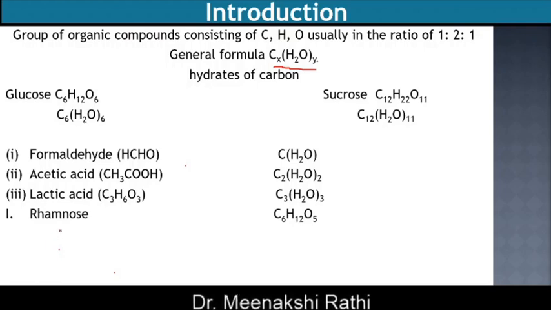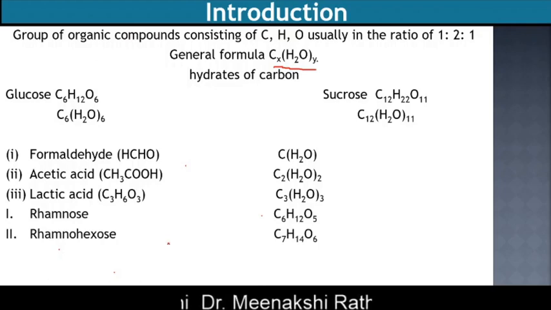Rhamnose is a carbohydrate, but its molecular formula is C6H12O5. It should be C6H12O6 if we want to write it in the form of hydrates of carbon, but it is C6H12O5. Another example is rhamnohexose.